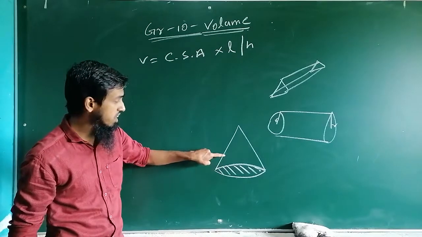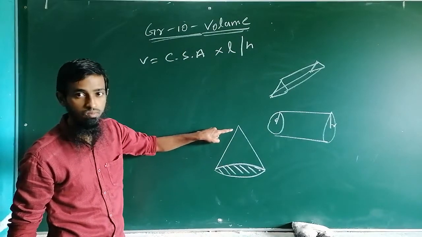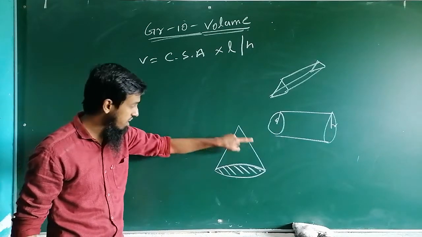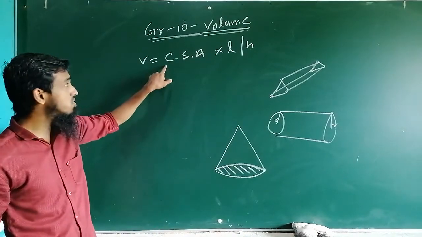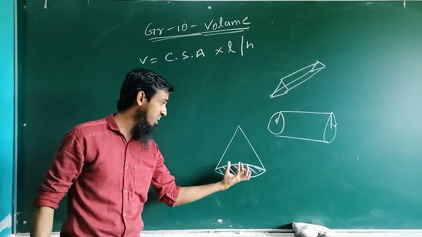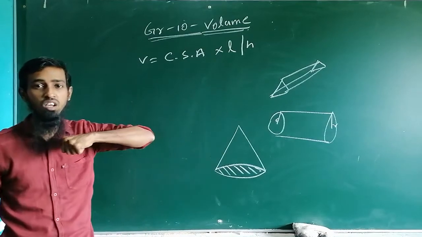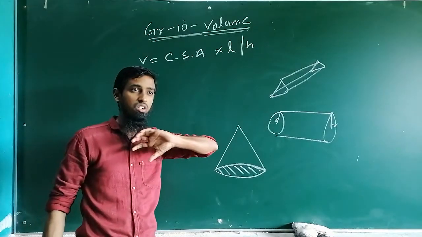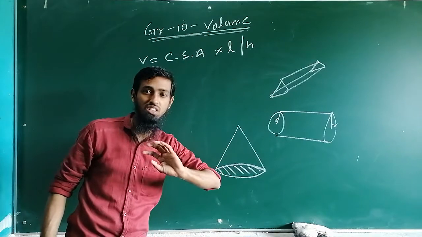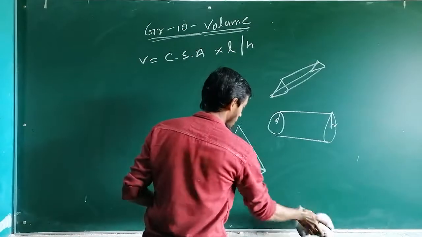If you look at the cross section, the radius of the circle is reducing. So for a cone, we can't use this equation for finding volume because the cross section is not uniform. So we are going to deal with non-uniform cross-sectional solids in grade 11, inshallah.